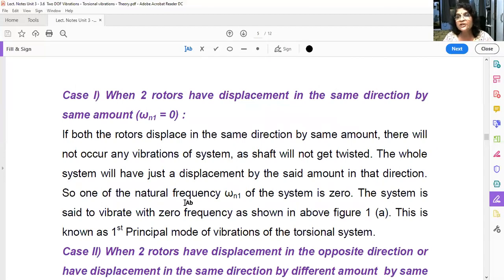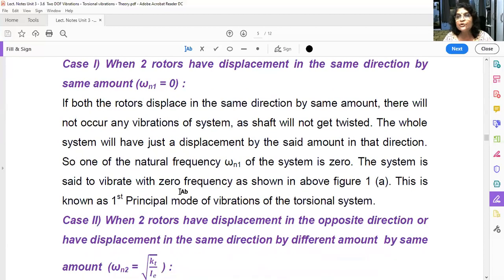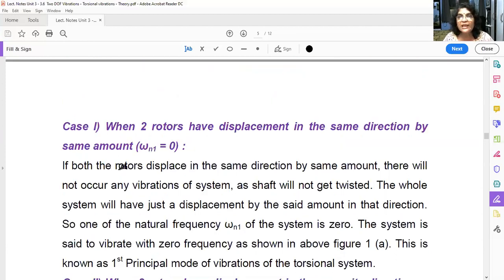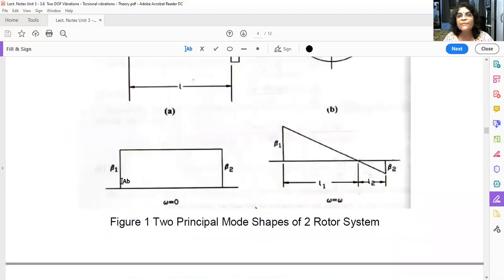So one of the natural frequencies, omega n1, of the system is 0. This system is said to vibrate with 0 frequency as shown in figure 1a. This is known as the first principal mode of vibration of the torsional system. So once you calculate this, now you can draw this diagram. Beta 1 is equal to beta 2, so the natural frequency is 0.